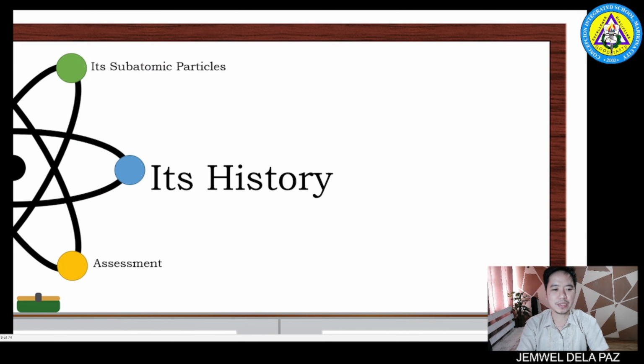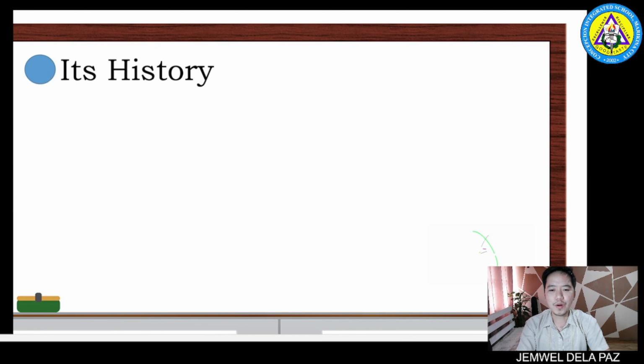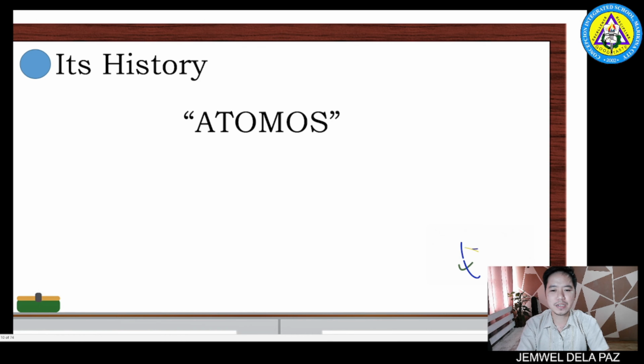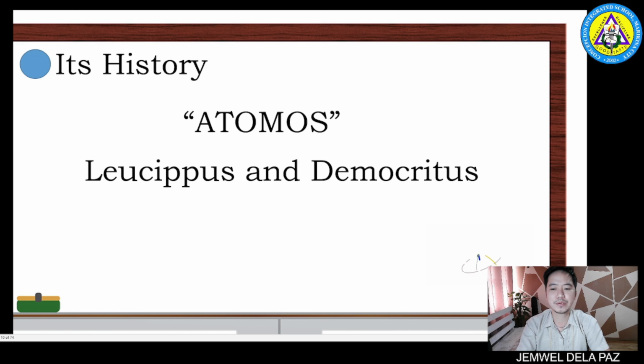Its history. The word atom derived from the Greek word atomos. It was given birth by these two bright minds, Leucippus and Democritus. By the way, Leucippus was the teacher of this young and bright student named Democritus.